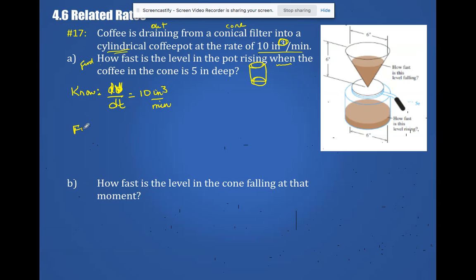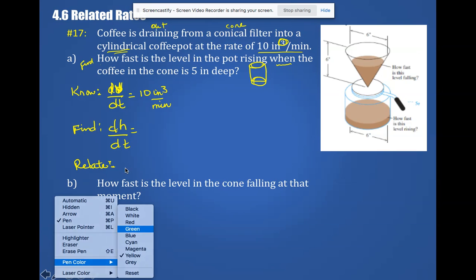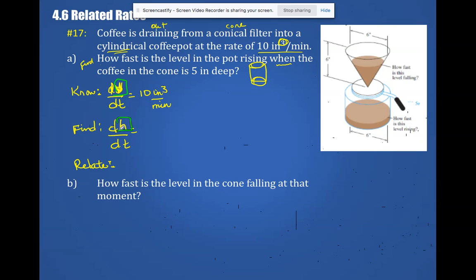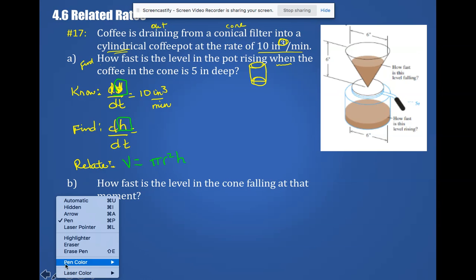What do I want to find? How fast is the level in the pot? So level, height, or you can call it L if you want. How can I relate with a geometry equation V and H of a cylinder? Area of the base times the height, not shrunk by a third. That's the cone.